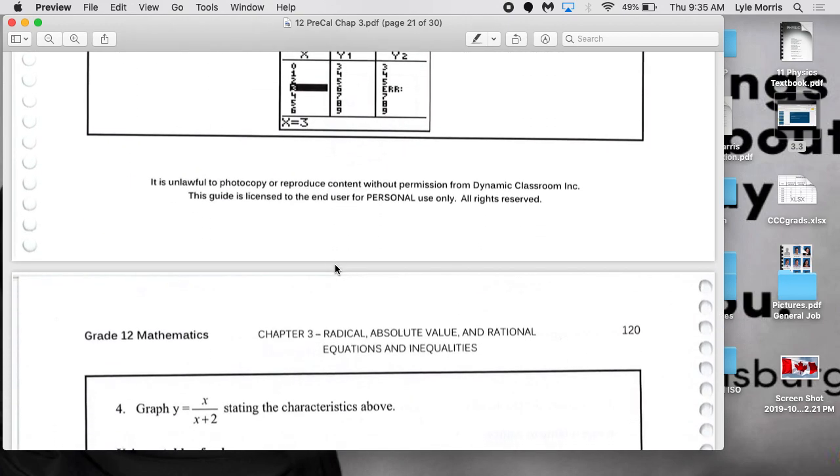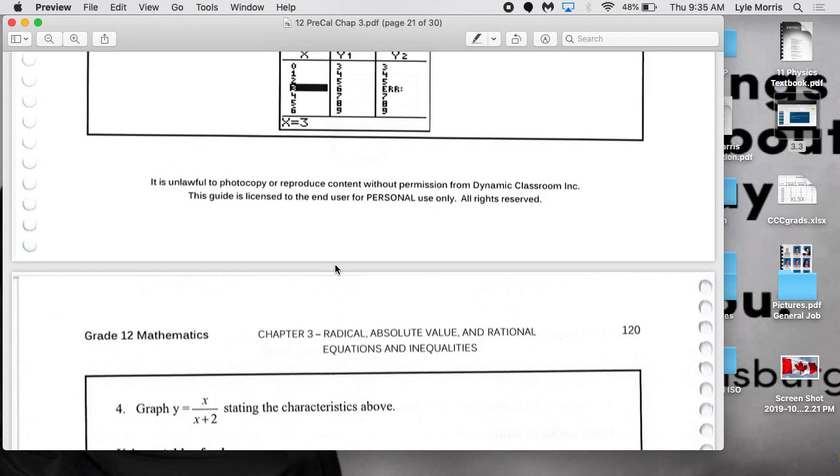So why would there be a hole of discontinuity in a graph? Because that's a non-permissible for the original function, f of x, which had something in the denominator that could make it, what's the word, Calvin? When you have 0 in the denominator, what's the word? Undefined, yes.